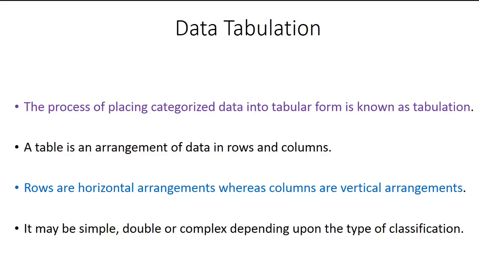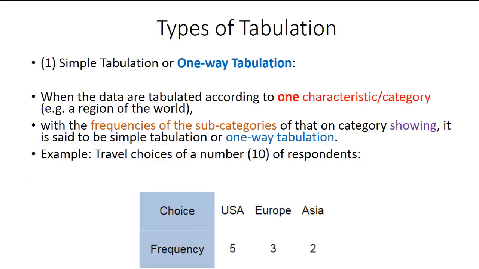Okay, a table is an arrangement of rows and columns, and you can read the rest of it because we've talked about this already. But the actual types of tabulation are, for the first time, discussed in this video. Inevitably, the topic of tabulation leads to statistics. When we talk about statistics, the data we collect is recorded in frequencies.